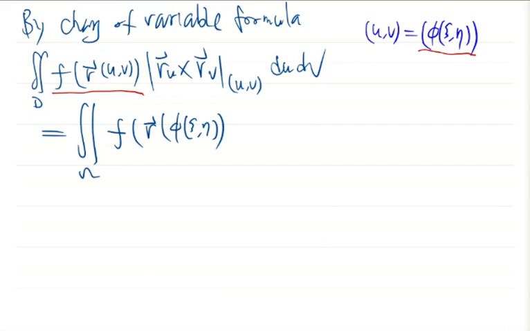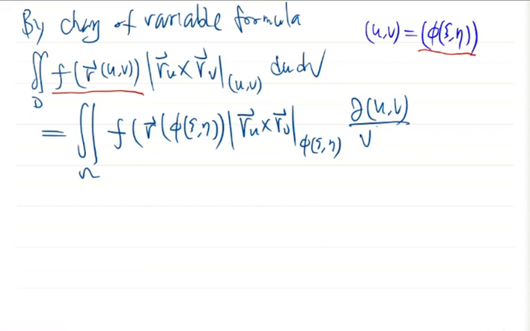Then the norm of Ru cross Rv at the point phi(ξ,η). Then you need to multiply by the absolute value of the Jacobian determinant of (u,v) with respect to (ξ,η), then dξ dη.